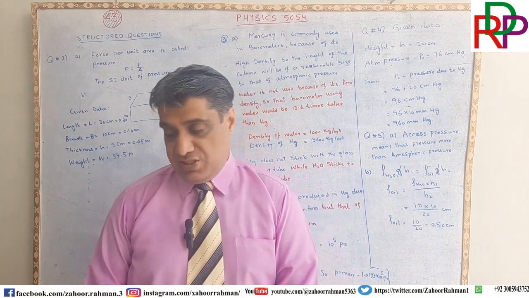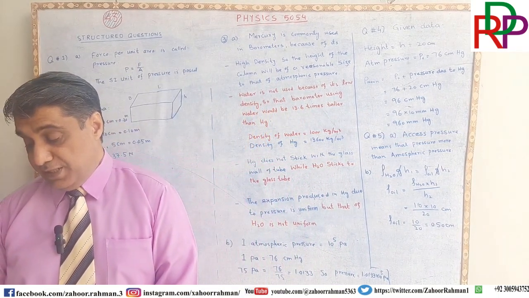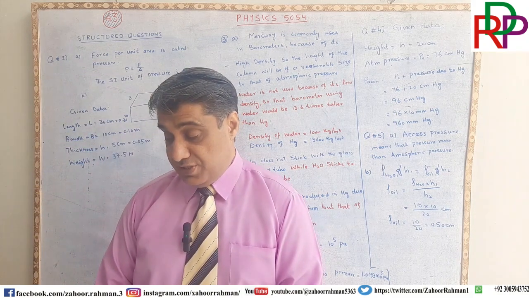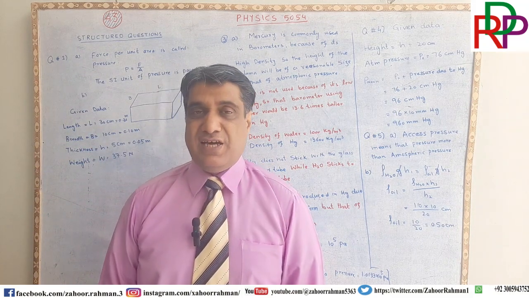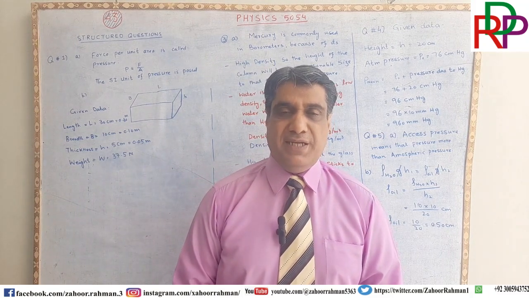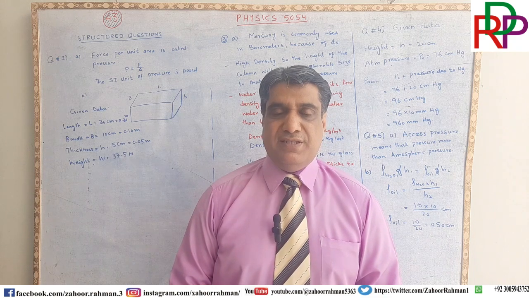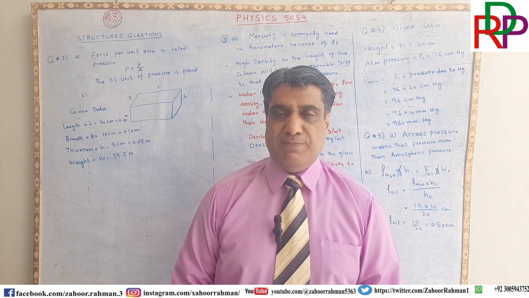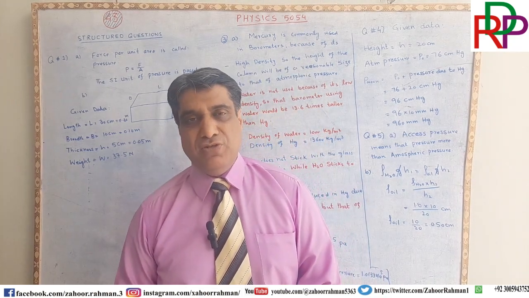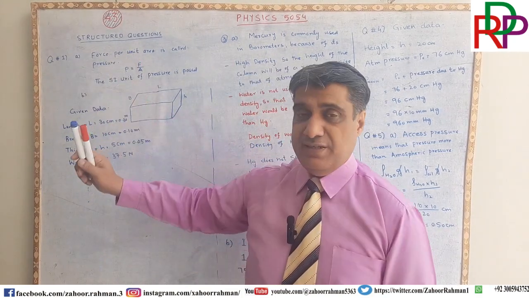The first question is saying in A part, define pressure, state its SI unit. Ladies and gentlemen, at the beginning of this chapter, we defined the pressure, but for your memory refreshment, I wrote it again.